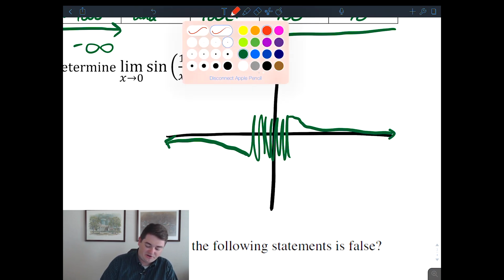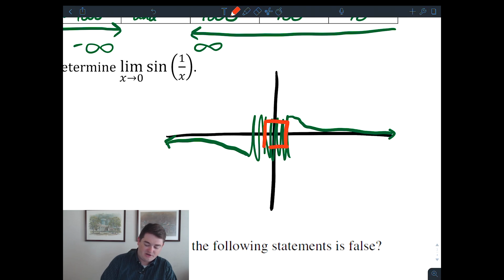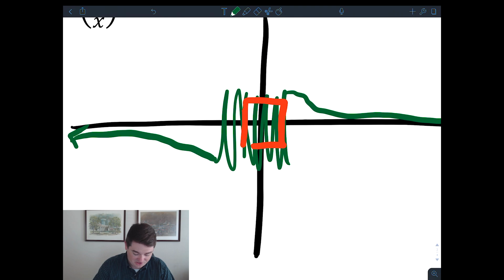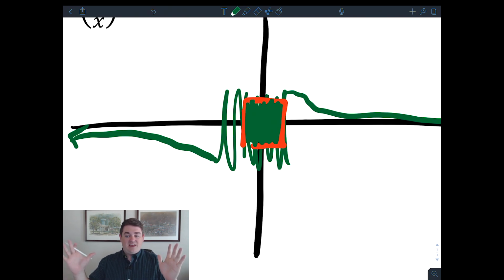If you try to use your calculator and zoom in on the origin to see where it crosses, on my calculator, you just get a solid block of color. The reason is that as x gets closer and closer to 0, this function bounces up and down an infinite number of times, so we can't see, as you get closer to the x-axis, where it's crossing.